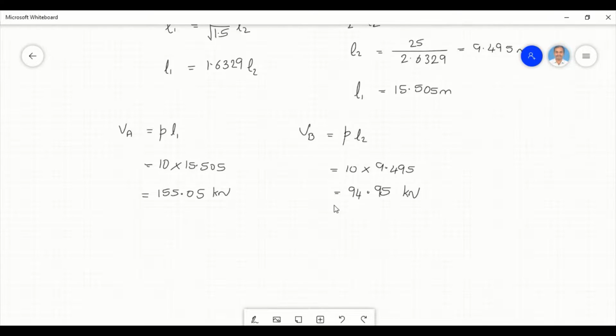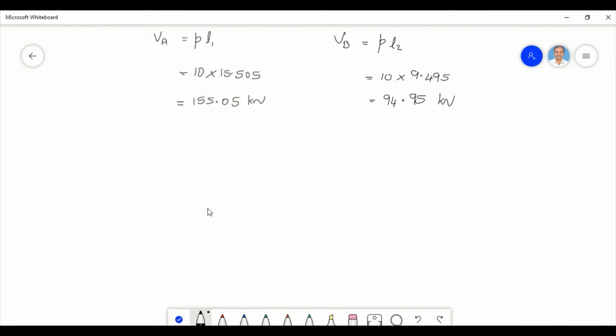To find H, it can be written as PL square by 2D. First, let us try with L1. For that, we have to substitute D1. The intensity of loading is 10. Value of L1 is 15.505. And D1 is 4 meters.